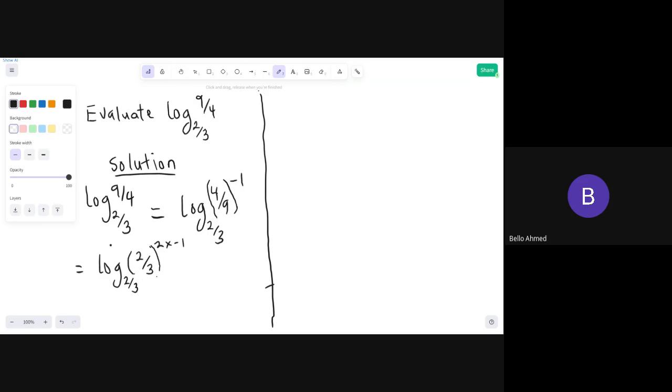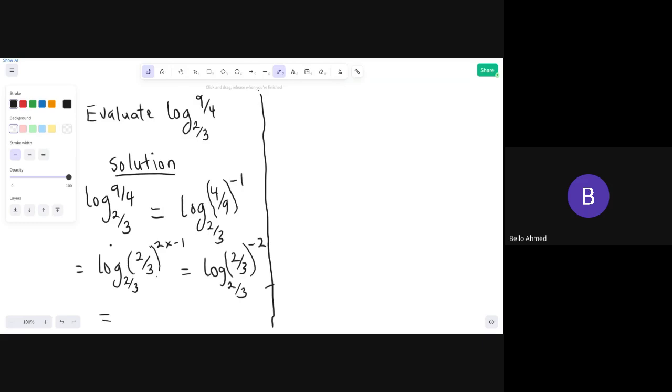So this is going to give us logarithm of 2 over 3, everything raised to the power of negative 2, base 2 over 3.